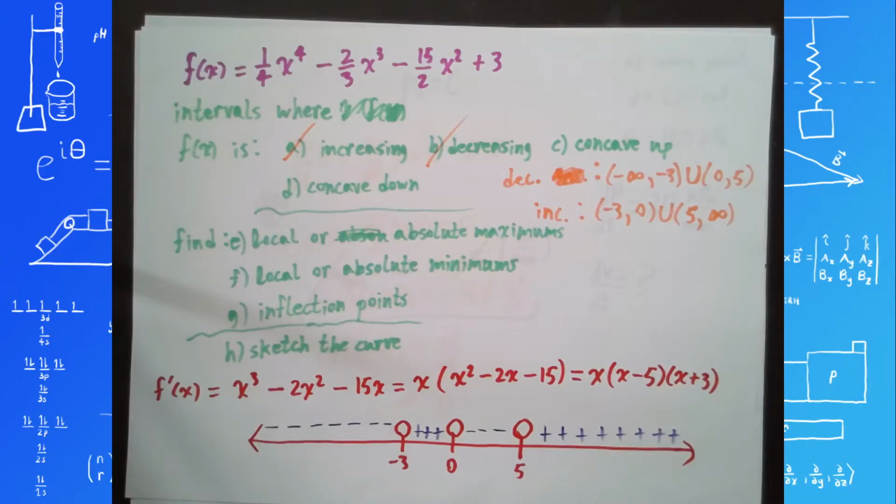Where are we? Concave up versus concave down. So for that, we want to take the second derivative. Let's do this one in purple and do it on another sheet.